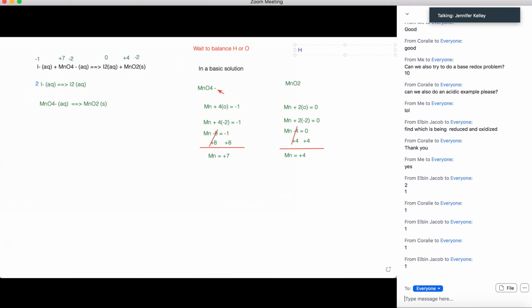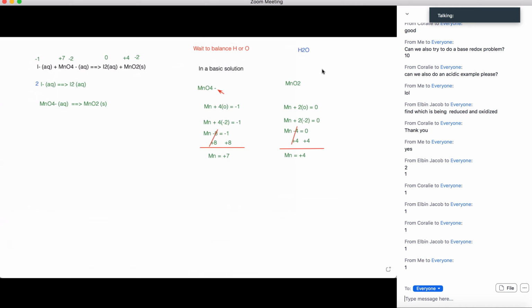If you look at the formula for water, how many oxygen are in a water? So it's good. So it's H2O, so there's just 1 oxygen per water.